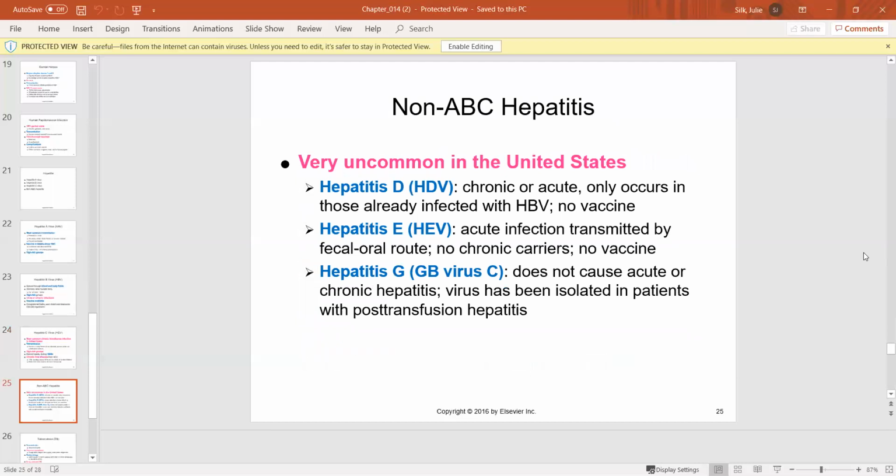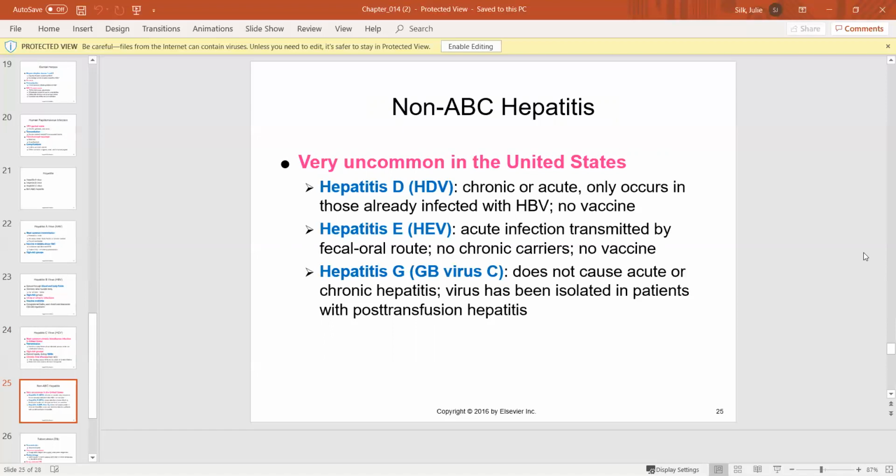All right, and then remember we said there are non-ABC hepatitis forms as well. So like I said, there are many different kinds, but for this group, there's hepatitis D, E, and G. For D, there is a chronic and an acute form.